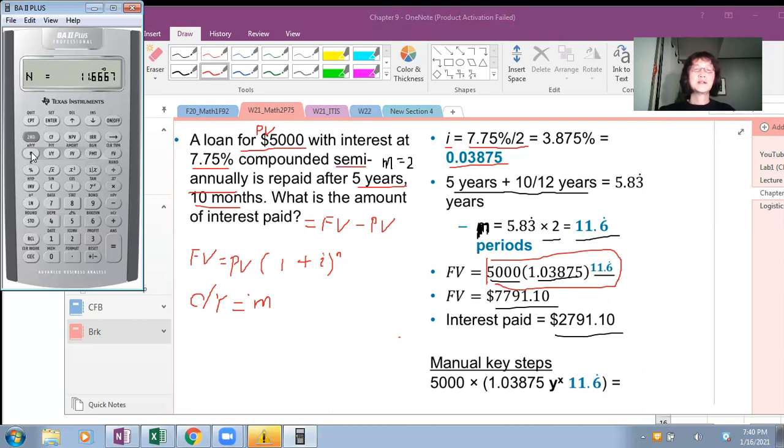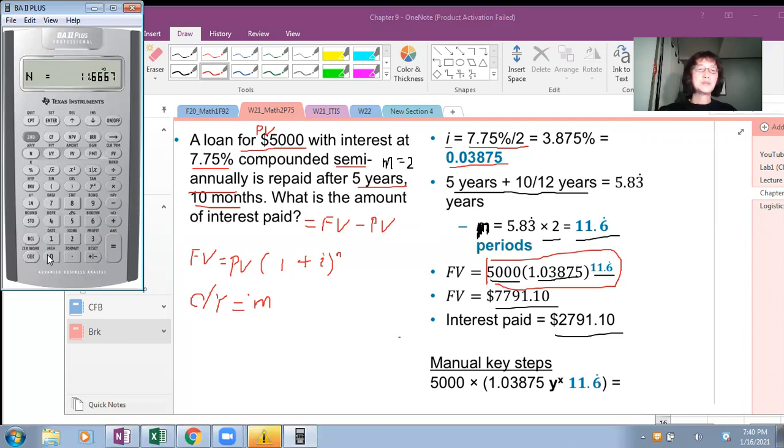When you use the financial calculator, there are five important buttons: term N, nominal rate IY, present value PV, periodic payment PMT, and future value FV. Out of these five buttons, you must enter four numbers. So far, we entered three numbers: N, IY, PV.